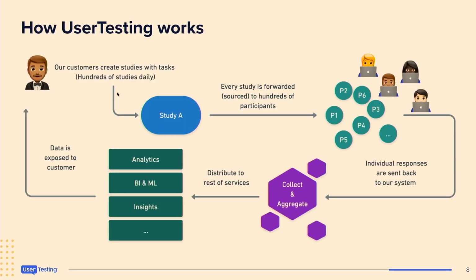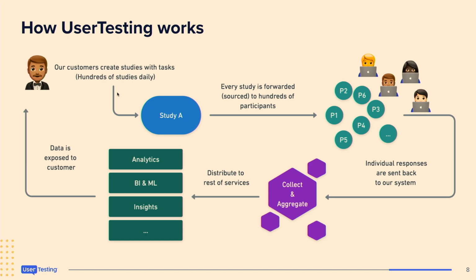The participants answer all sorts of questions and tasks. All this data is gathered by our system and aggregated, analyzed, and shown back to the customer so they can take any sort of decision that they see fit, right?